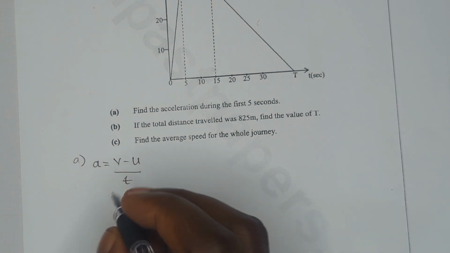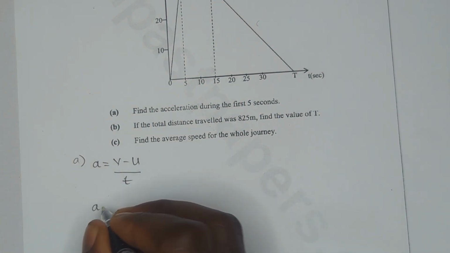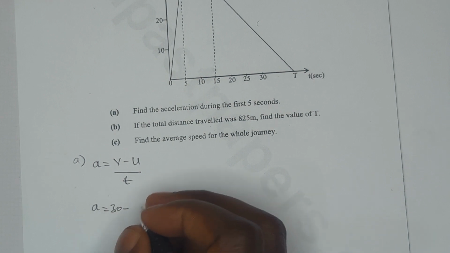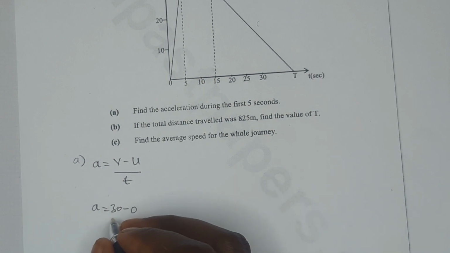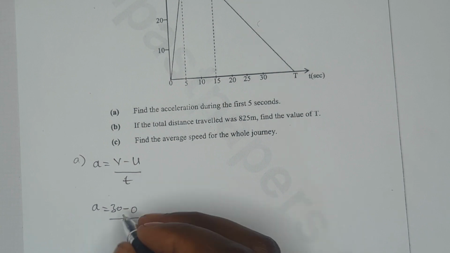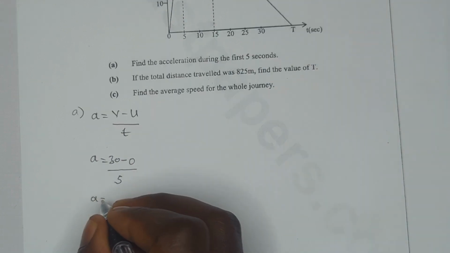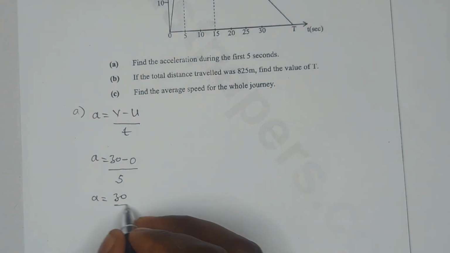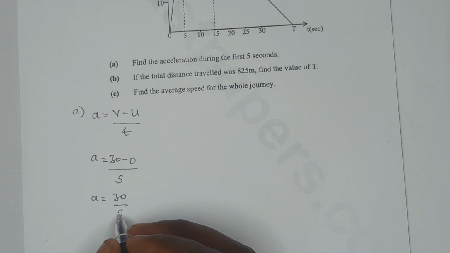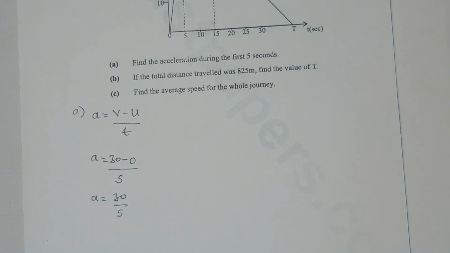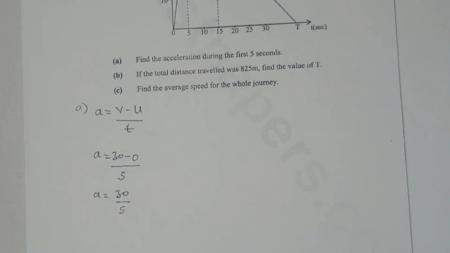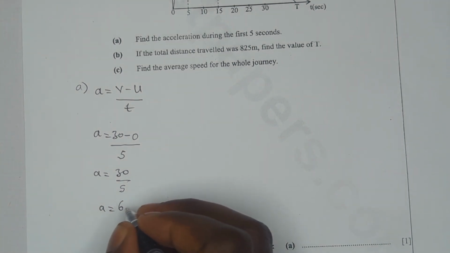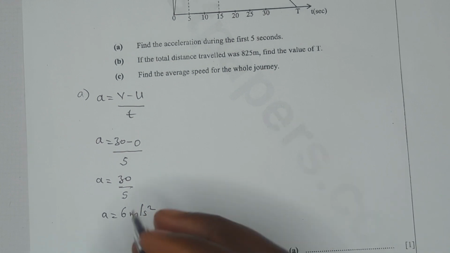If we replace the figures, acceleration is equal to final velocity, 30, minus initial, 0, over the time, 5. So 30 minus 0 gives us 30 over 5. 5 into 30 goes 6 times. Acceleration therefore is equal to 6 meters per second squared.